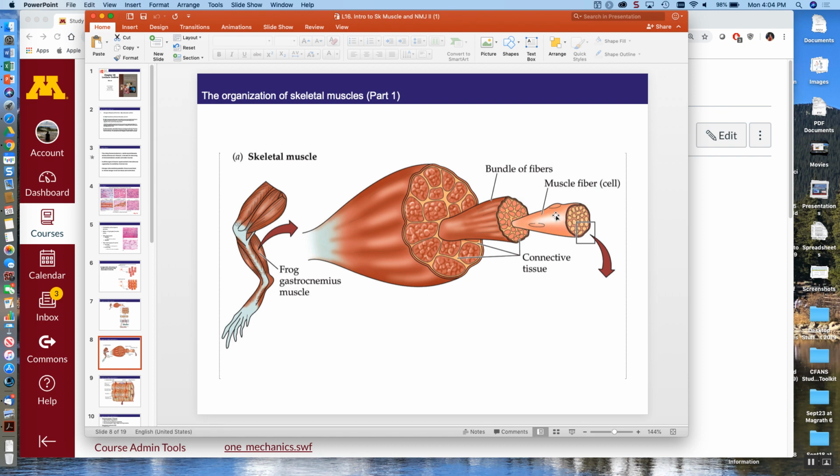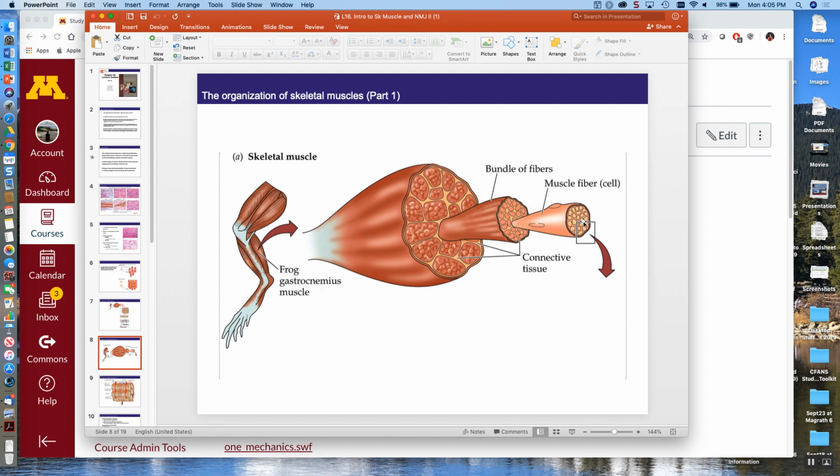So the muscle cell is actually a muscle fiber in skeletal muscle. Okay, so the muscle cell is actually the fiber. So the fiber is actually many cells that have merged together. They call them syncytial cells. That's why skeletal muscle is multinucleated, okay? So it's a very long fiber. That is the muscle cell. It is multinucleated. It has many nuclei.